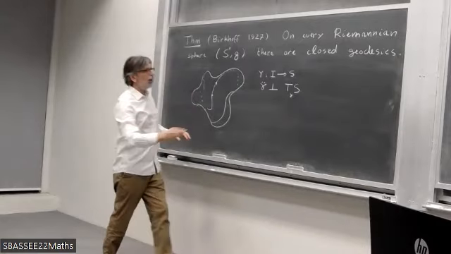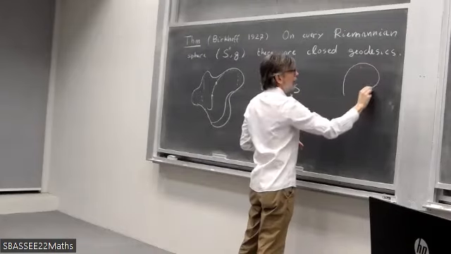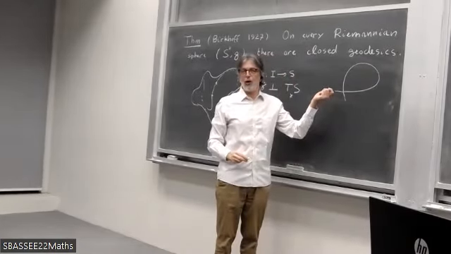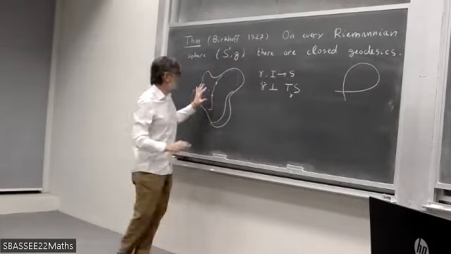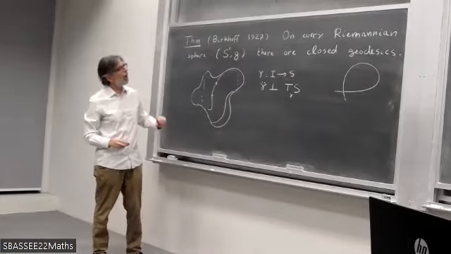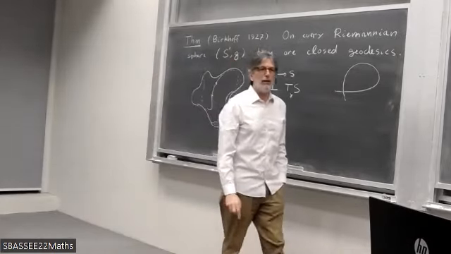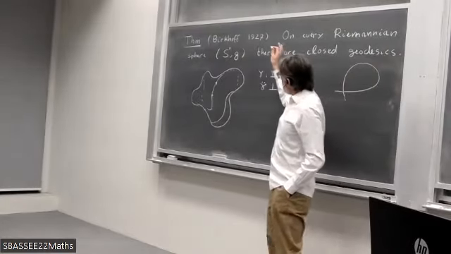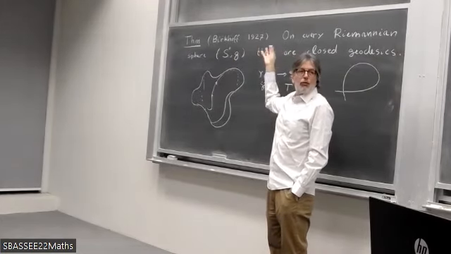Of course, you could also have geodesics which go back to the same point but with a different velocity. This does not count as a closed geodesic. Okay, this is a closed geodesic. This is the Birkhoff theorem from 1927.